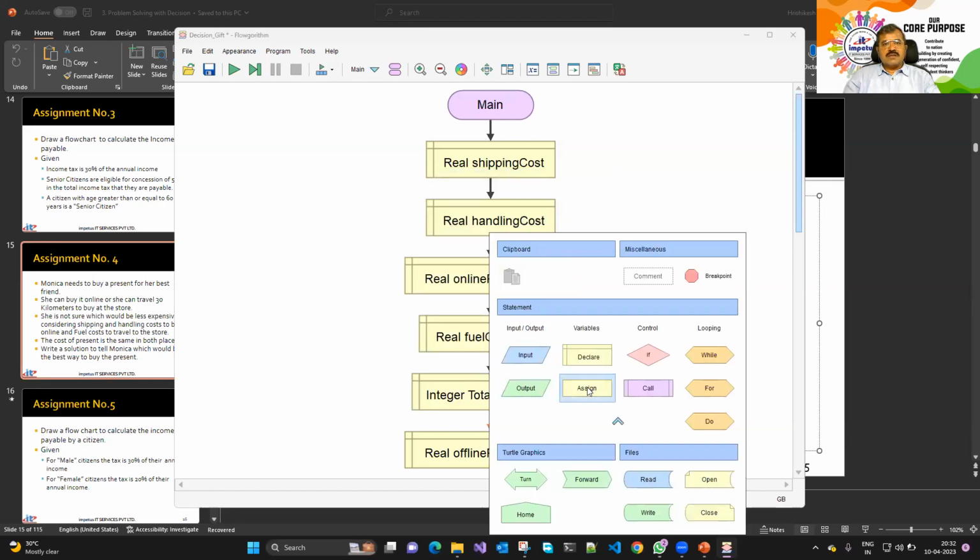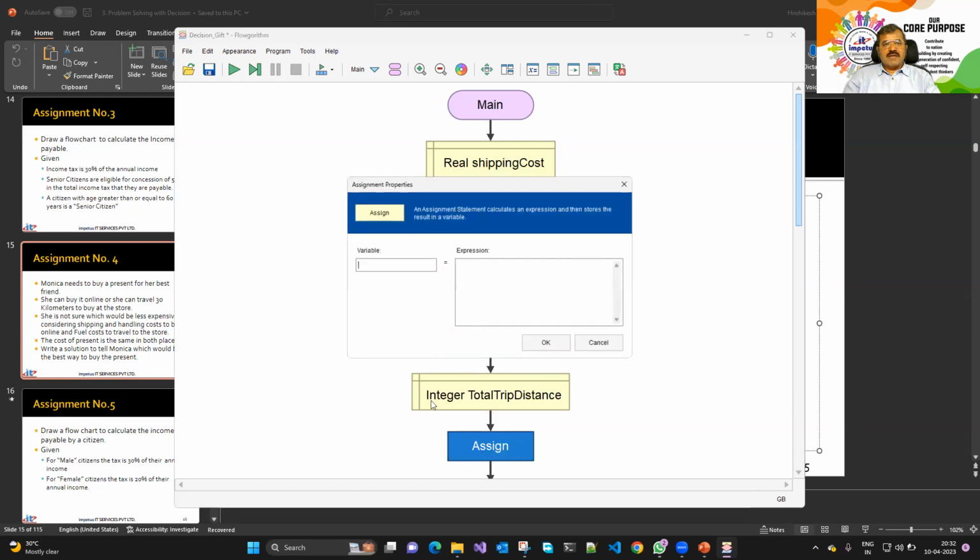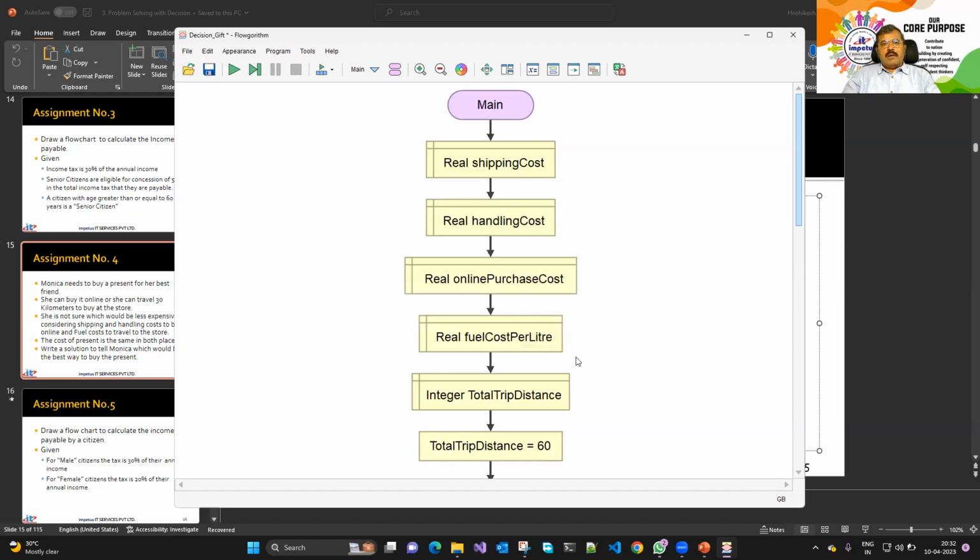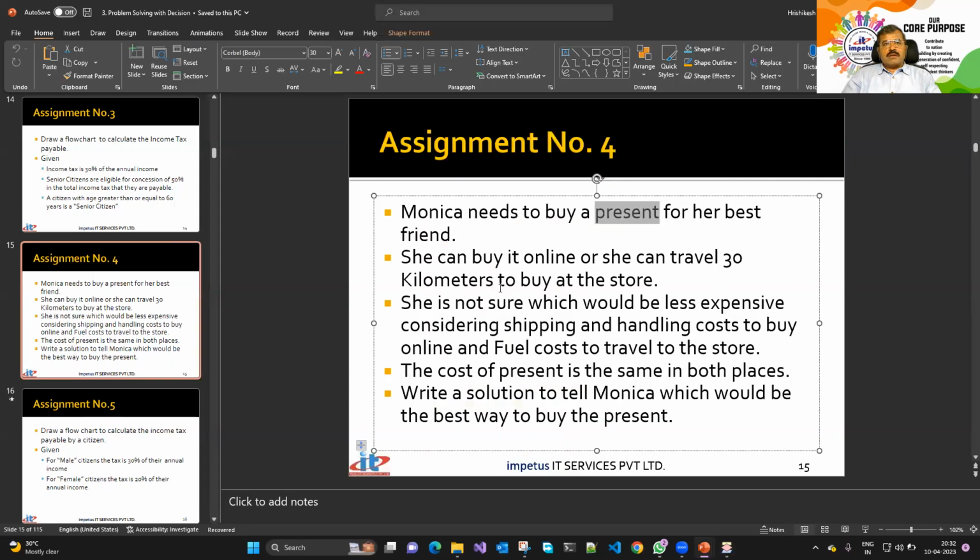Distance is constant, so I'm going to assign it some value. 60, because she can travel 30 kilometers to buy at that particular store.